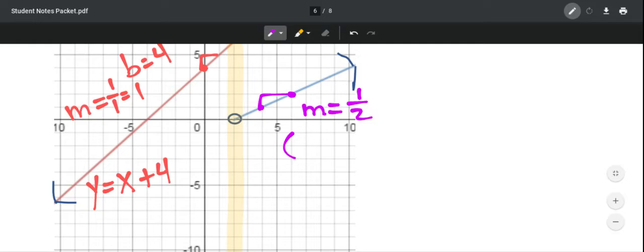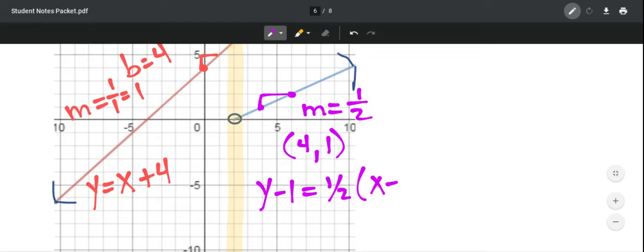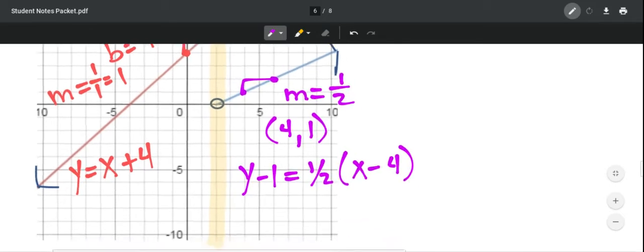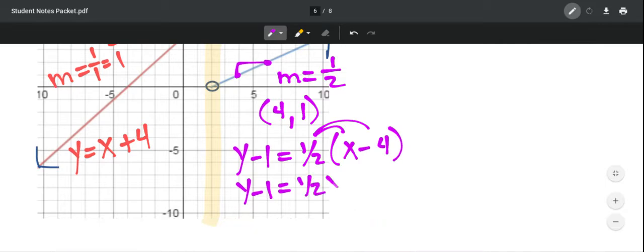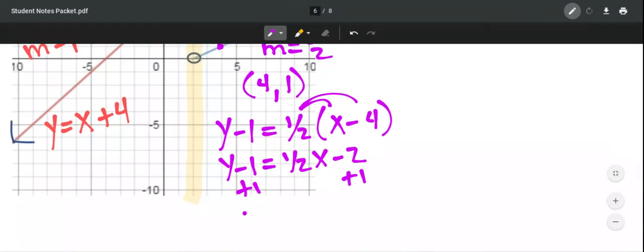So that means, let's see, 1, 2, 3, 4, 1. So y minus 1 equals 1/2 x minus 4. So then we distribute. And then add 1. So y equals 1/2 x minus 1.